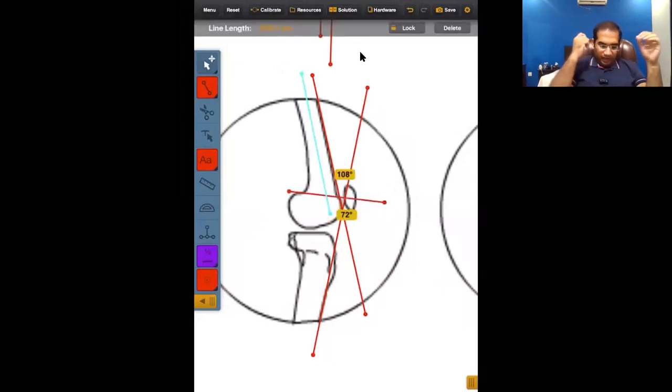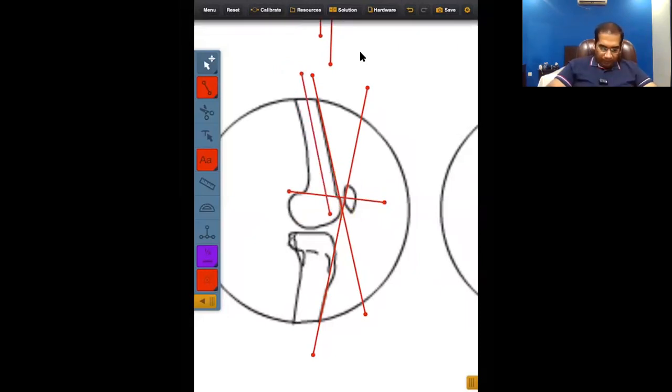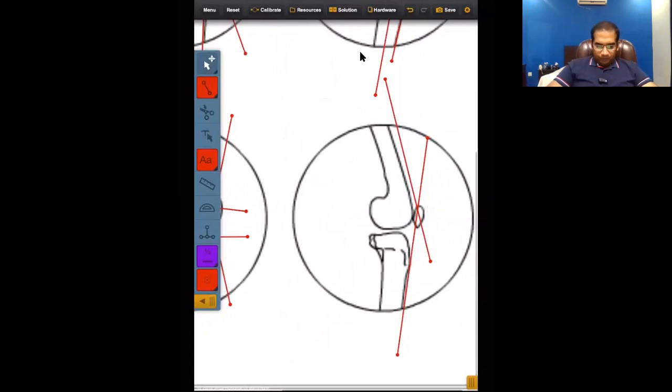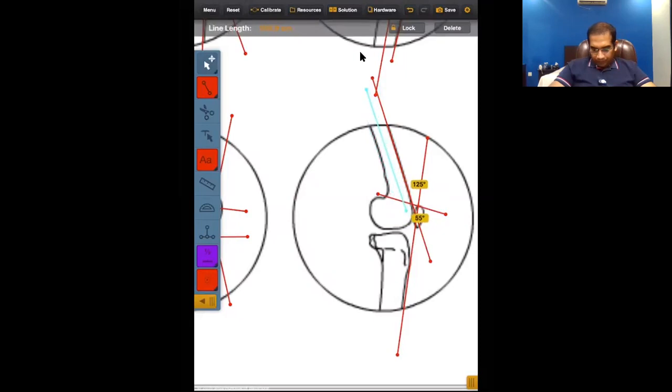The lateral distal femoral angle is... the posterior distal femoral angle is 72 degrees, while it is 80 degrees. Again, in this scenario, the femur is the culprit. Well, in this scenario, there is again 26 degrees of deformity, and the angle here is 55 degrees.